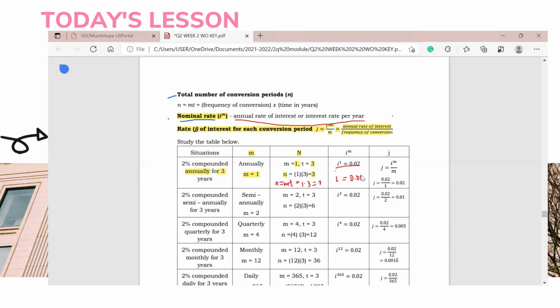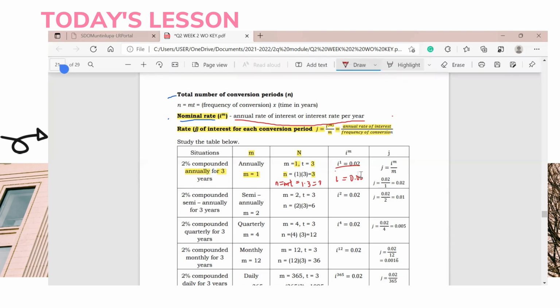Importanteng malaman muna itong mga parts na to kasi sa formula ilalagay na lang natin siya or isa-substitute na lang natin siya. So, when we say compounded semi-annually, yung isang taon dinivide sa dalawa. So, dalawang beses siya tutubo sa isang taon. So, 2 ang M mo.